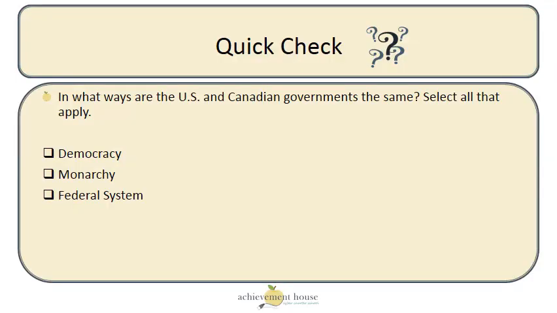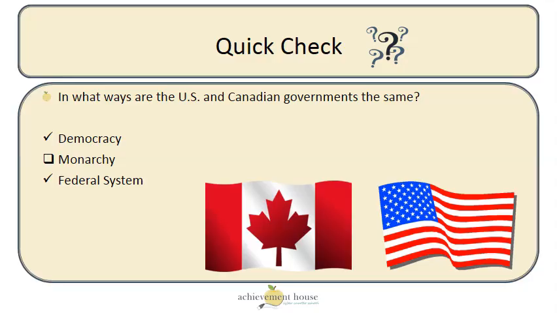Let's check what we've learned. In what ways are the U.S. and Canadian governments the same? Select all that apply. If you said democracy and federal system, you'd be correct.